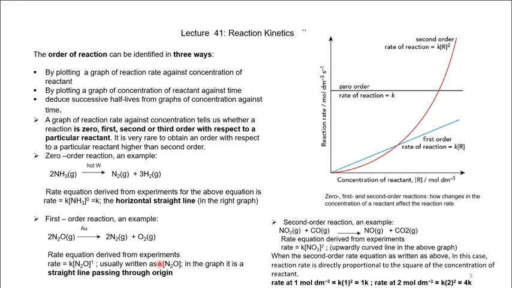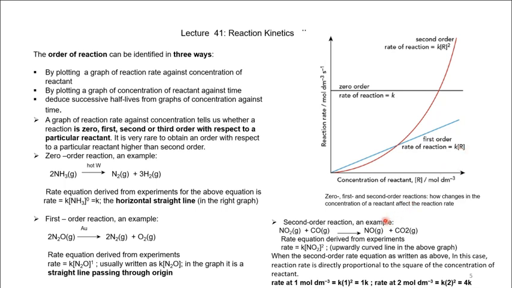For a first order reaction, if we plot the concentration of reactant and rate of reaction, we see a straight line passing through the origin. If we get this, we could say that this reaction is a first order reaction, and the rate of reaction is K, the rate constant, times the concentration of the reactant.